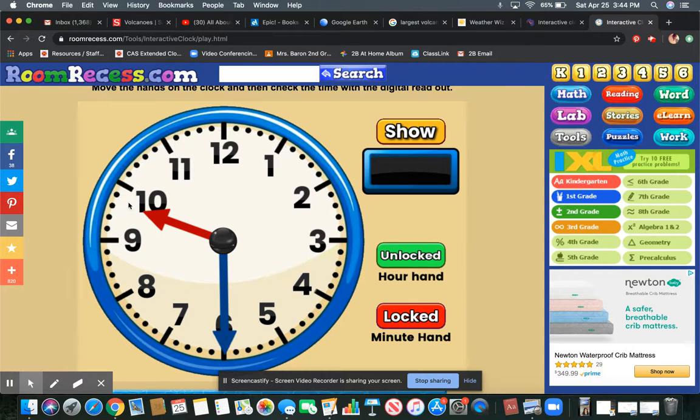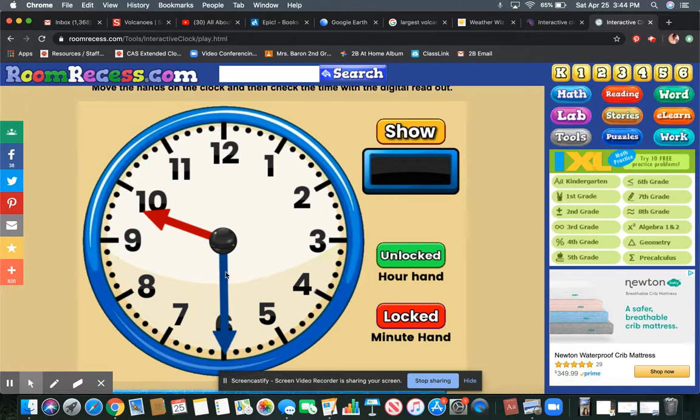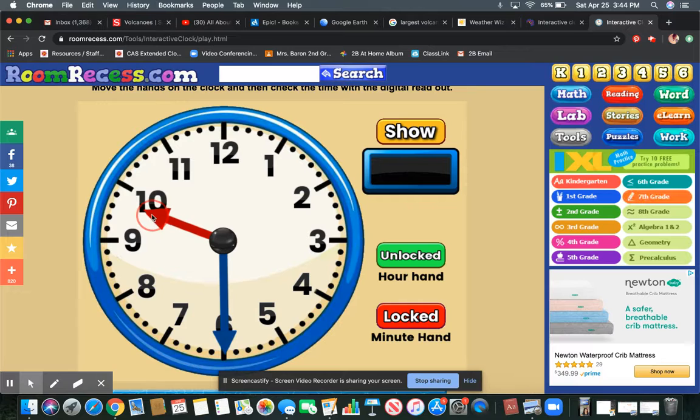If the hour hand is right here, we know it's pretty close to 10, okay? So this here is not a time, okay? It's so close. The hour hand would have to be right about there for this to be an accurate time, okay? That's a mistake I see every single year. So you this year are not unique in making this error.